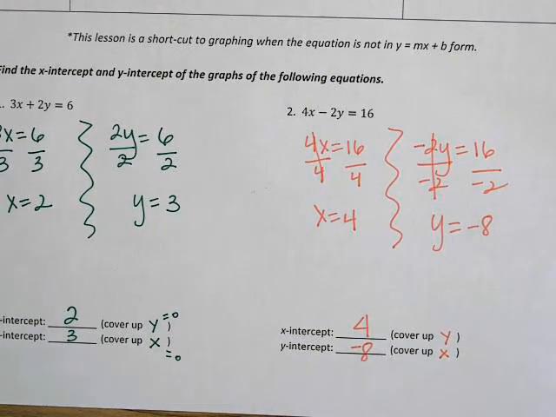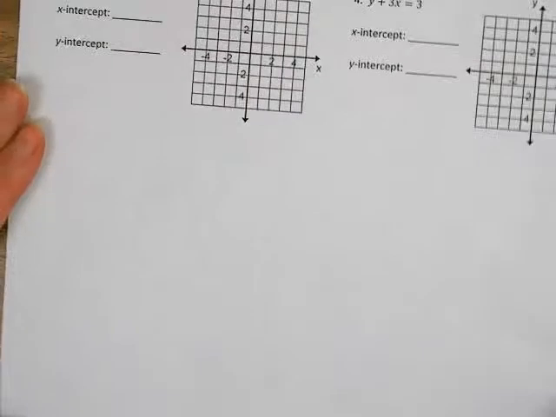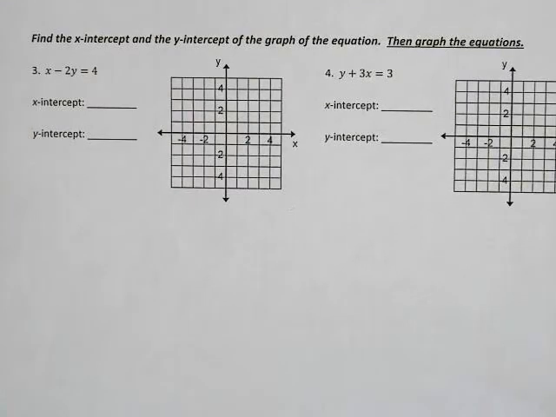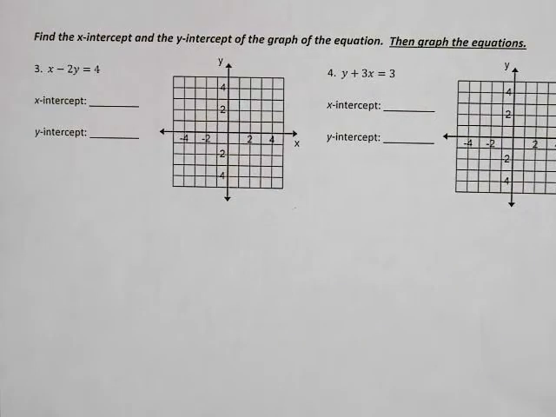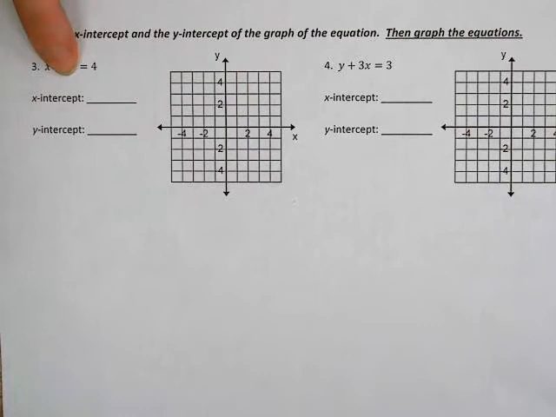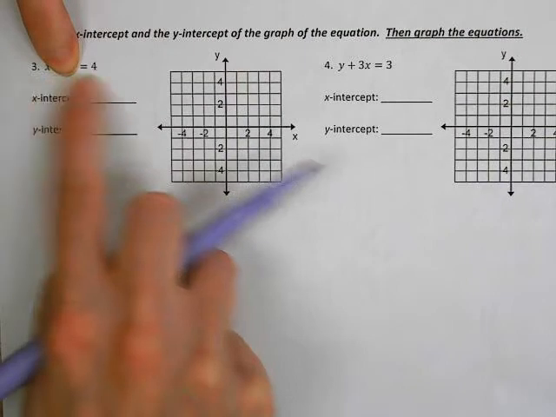On the back, guys, we're going to do the same thing, but we're also going to graph. Okay, so now it's saying find the intercepts and use them to sketch a graph. Okay, so x-intercept, we cover up y. And we solve for x, but you don't even have to solve this one.